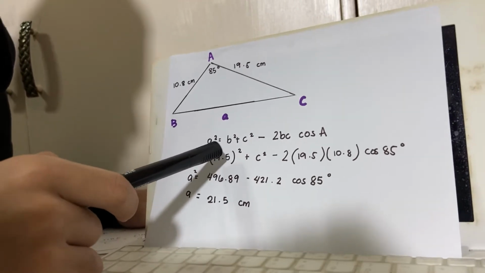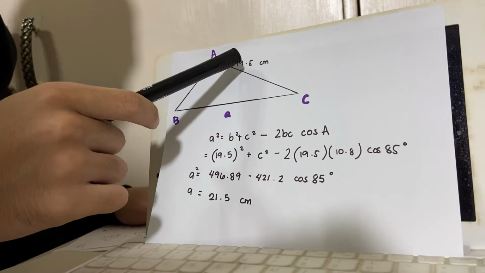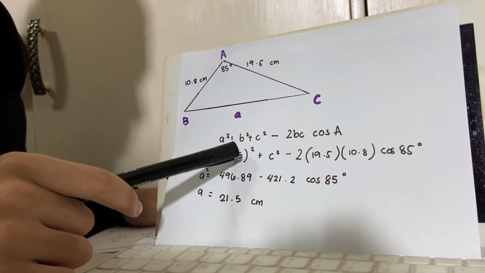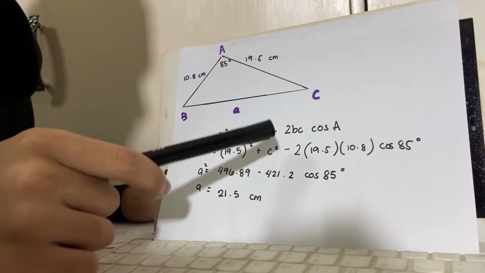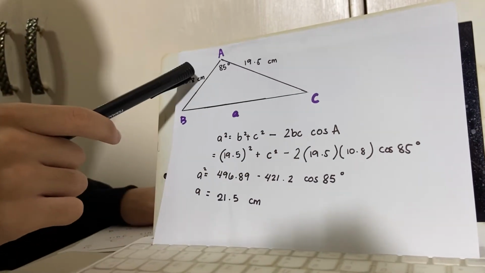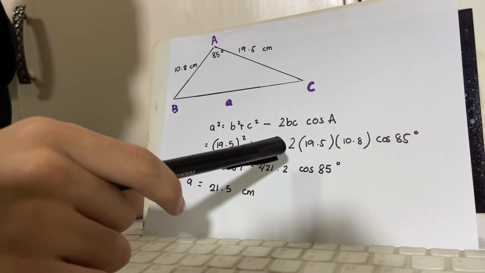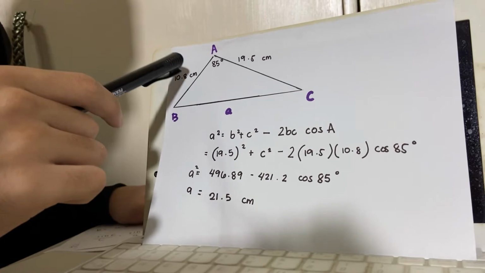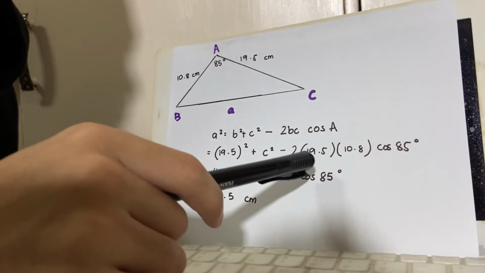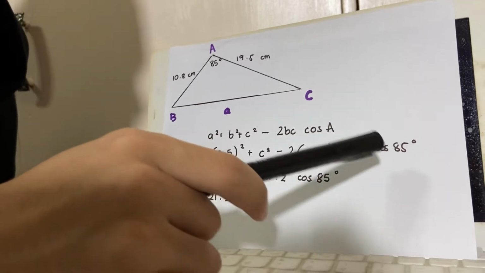Since we're looking for A, we'll move to B. The side opposite B, 19.5, substitute. So that's 19.5 squared plus C squared. The side opposite C is 10.8. So 10.8 squared minus 2 times BC, substitute, 19.5 times 10.8. So 2 times 19.5 times 10.8 times the cosine of A, 85.